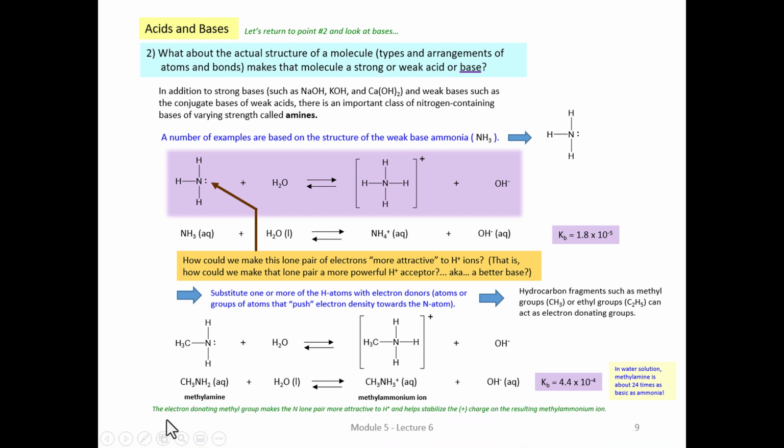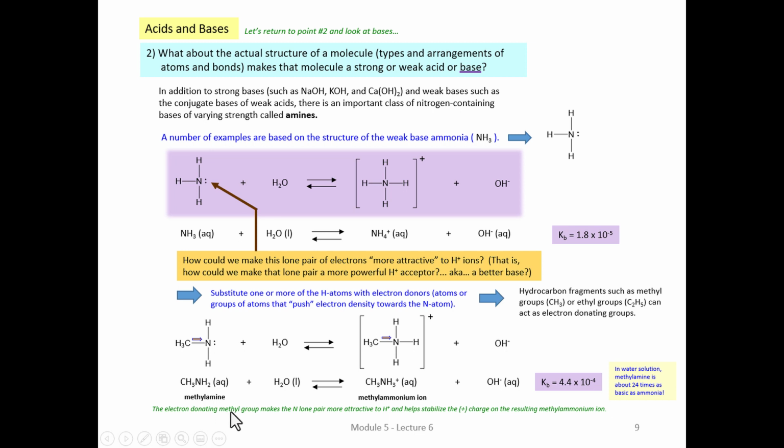So what we say here is the electron donating methyl group. Right here you can see the purple arrows where the methyl group is pushing electron density toward the nitrogen. It makes that nitrogen lone pair more attractive to H plus and also helps stabilize the resulting positive charge that occurs when H plus does attach at this lone pair of electrons.